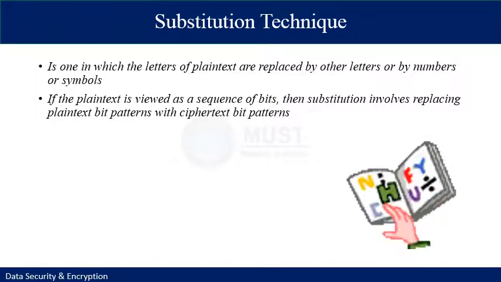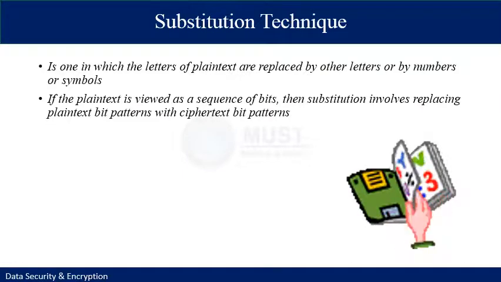So this leads us to our second topic, the substitution techniques. In this section, we are going to examine a sampling of what we might call the classical encryption techniques.